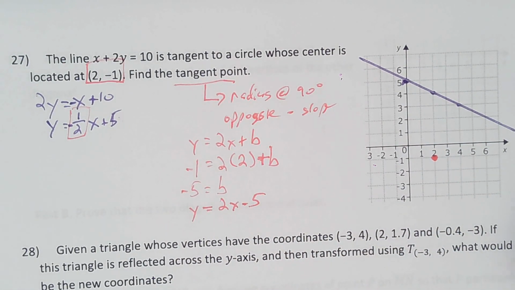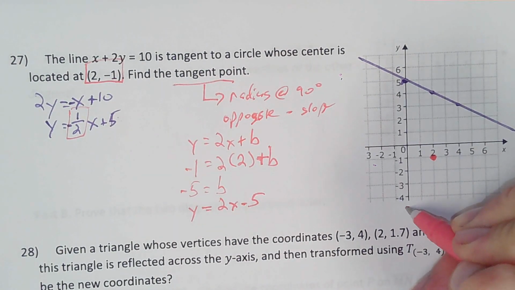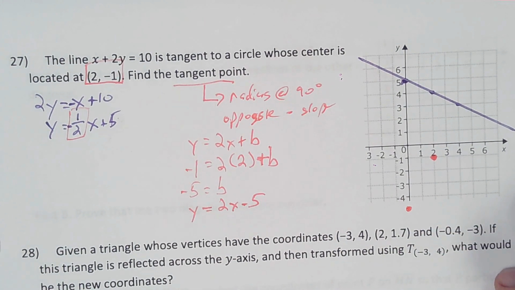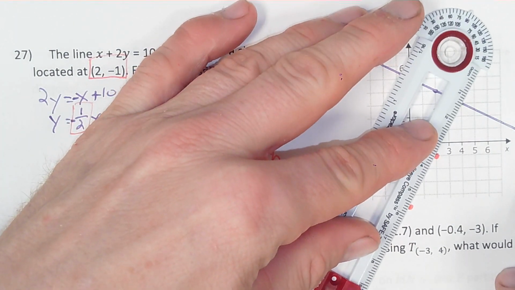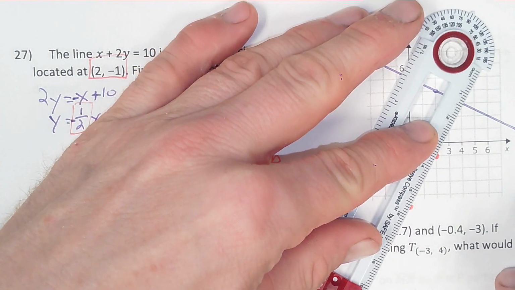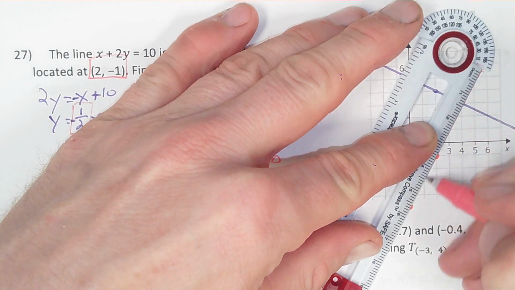Okay, so we know our b-intercept for this is way down here at negative 5. All right, so we can go ahead and draw our line right here to our b-intercept, like this.